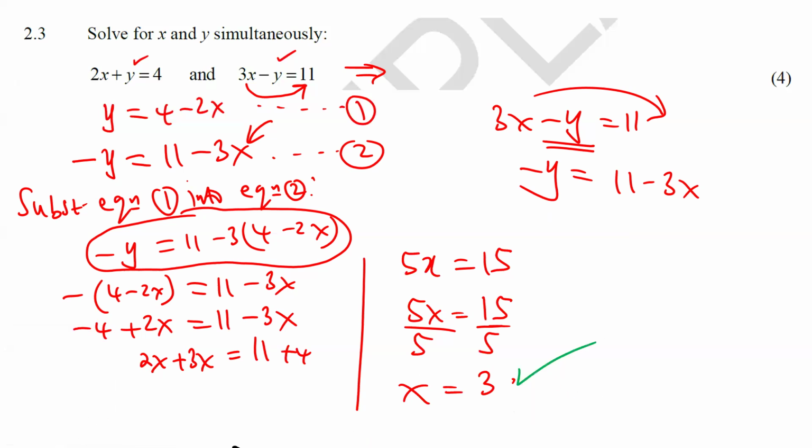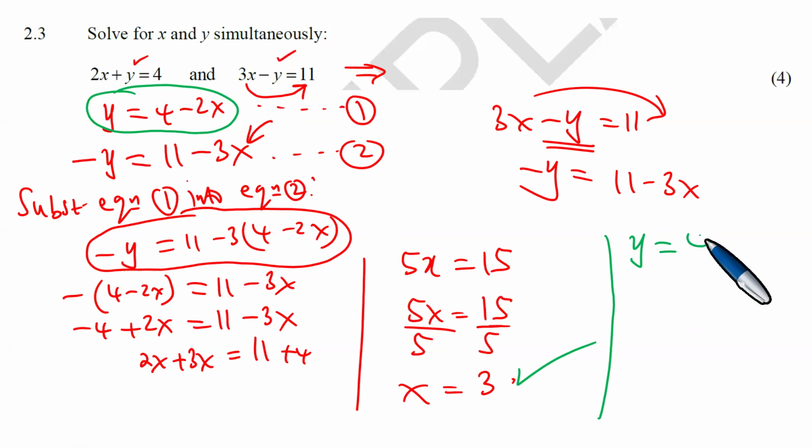Okay, but now remember, this is the value of x, and we need to solve for y as well. But you need to remember that y is what? y equals 4 minus 2x.